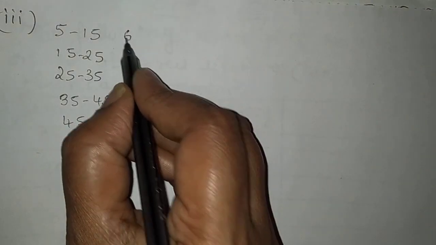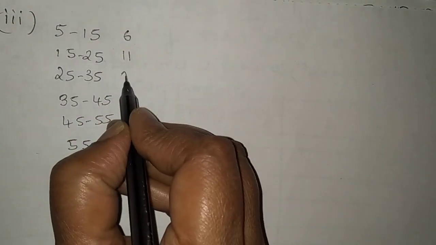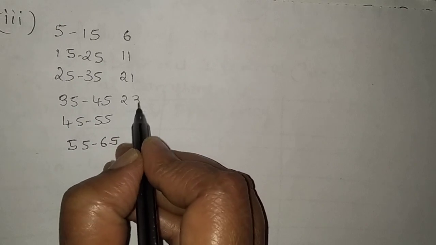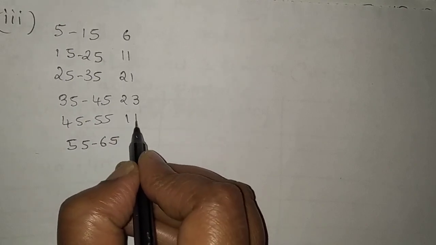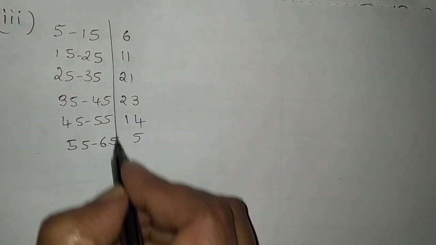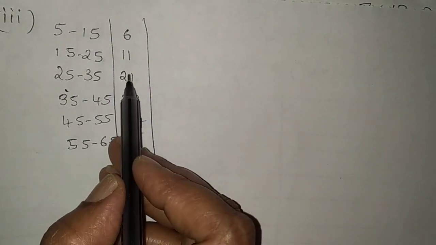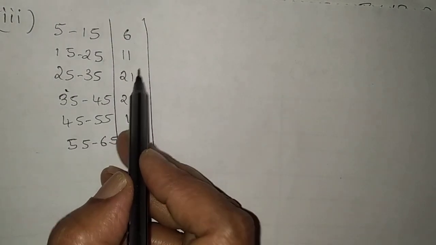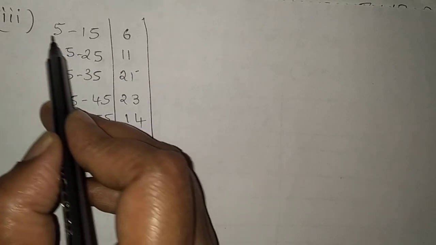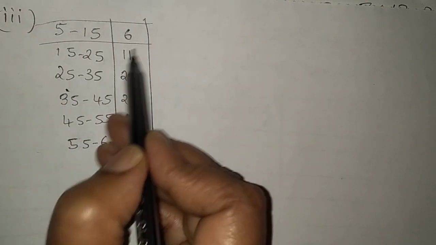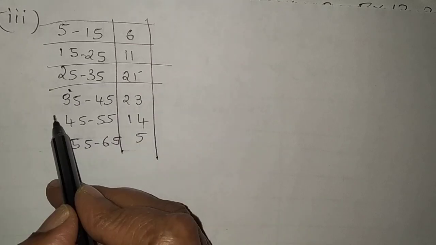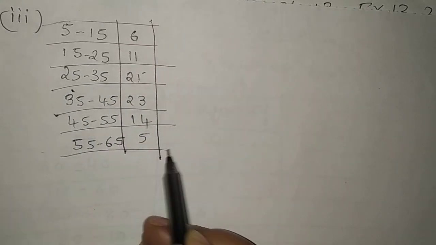Okay, 6, 11, 21, 23, 14 and 5. So this is class interval and this is the number of patients for each age group.